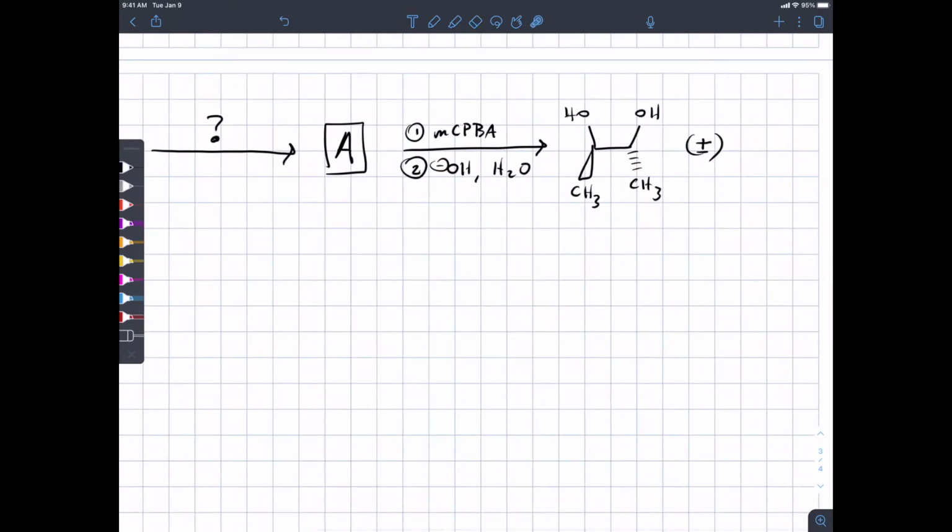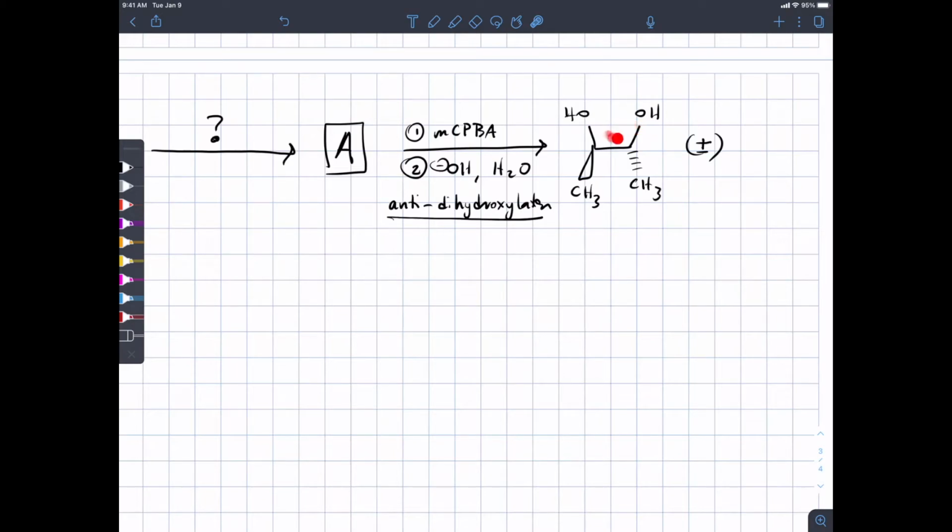All right? So one way to solve this is to first remember that MCPBA and OH minus are the reagents we use for anti-dihydroxylation. And if I remember that, then I should be aware of the way this is drawn, right? Because the way this is drawn, the OHs are lined up with each other.